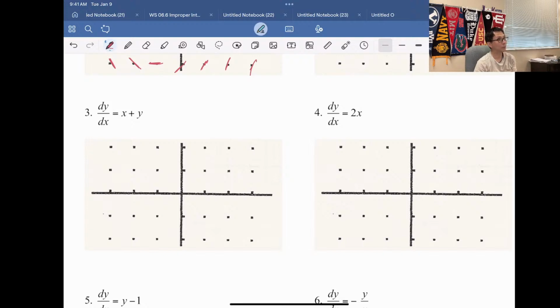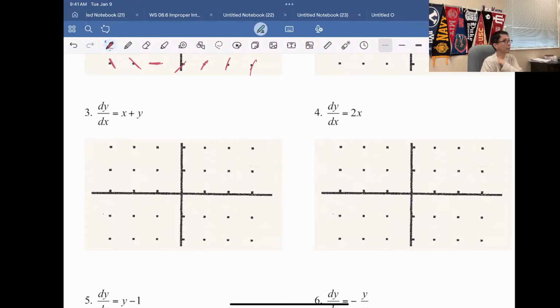There should be multiple points here where zero slope happens. Can somebody tell me where a zero slope happens?